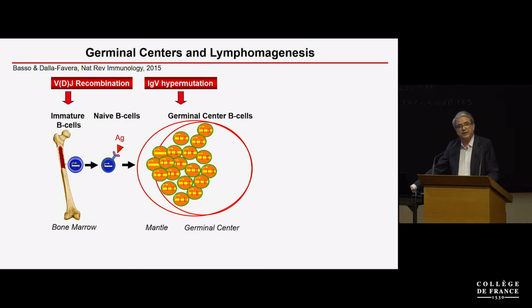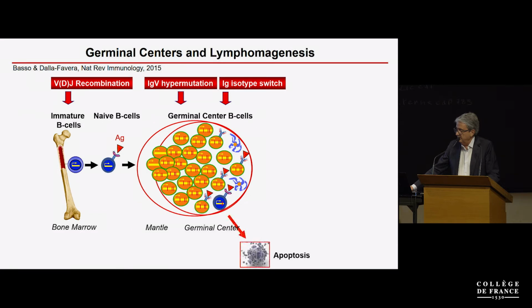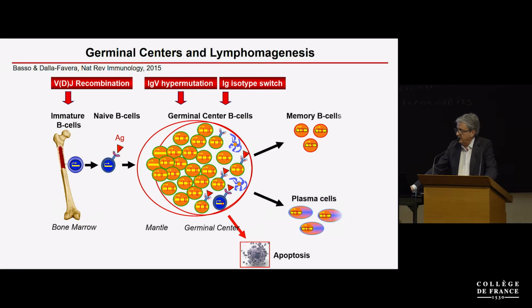During that proliferation, the cells hypermutate the variable region of the immunoglobulin genes, and as a consequence there will be loss of the original affinity in most cells, and increased affinity in a minority. Cells that have lost affinity to the antigen will die of apoptosis, through a number of signals that I will not summarize, and the selected cells will become memory cells and plasma cells.